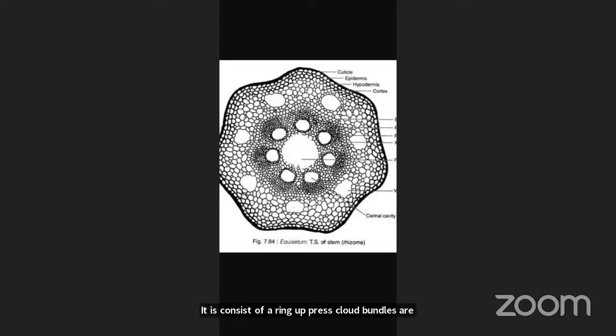The bundles are collateral and endarch in condition, which resembles the vascular bundles in the ring of the monocotyledon stem. Just like a monocotyledon stem, which is similar in structure to the Equisetum.